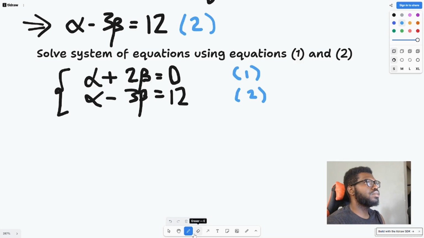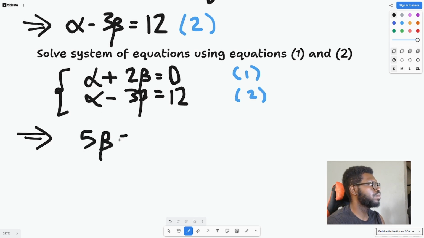There are a few ways you can do this, but I'm just going to subtract equation 2 from equation 1. Just subtract these equations, use elimination. That's going to get rid of this alpha, so we'll end up with an equation with just beta. So if we subtract these two equations, we get 2 beta minus negative 3 beta, and that's 5 beta. The alphas are going to cancel. This is going to be equal to negative 12. And then by dividing both sides by 5, you get that beta is equal to negative 12 over 5.